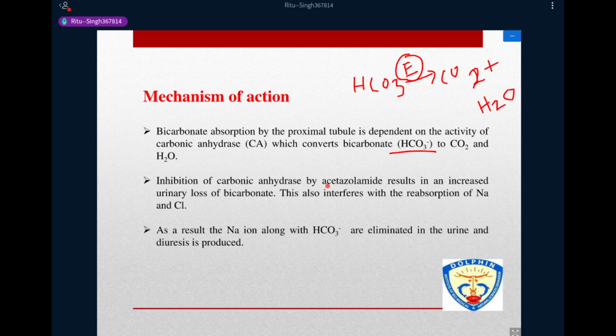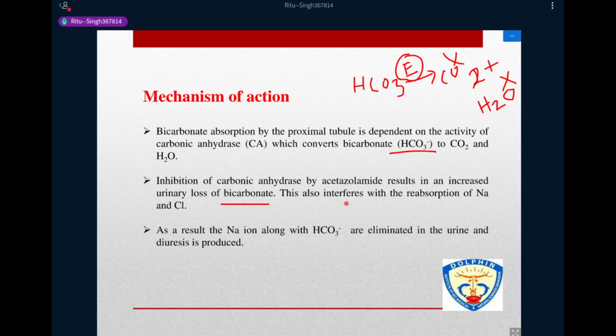Inhibition of carbonic anhydrase by acetazolamide results in an increased urinary loss of bicarbonate. So bicarbonate cannot be converted into carbon dioxide and water, and it is excreted from the body with the help of urine.